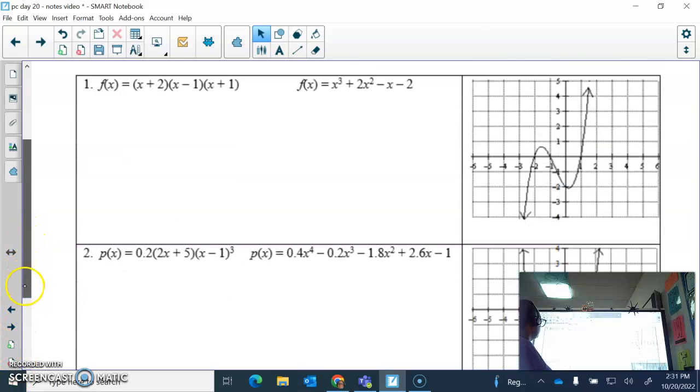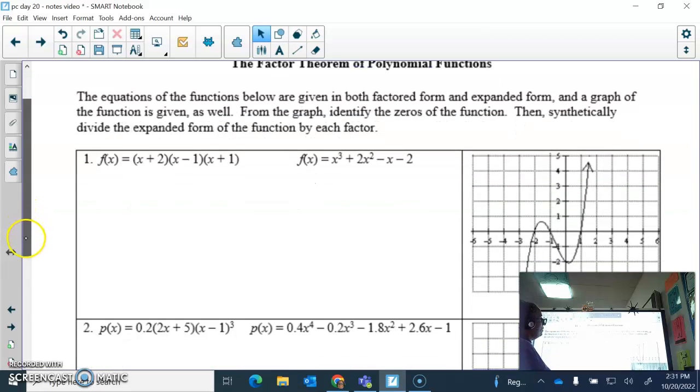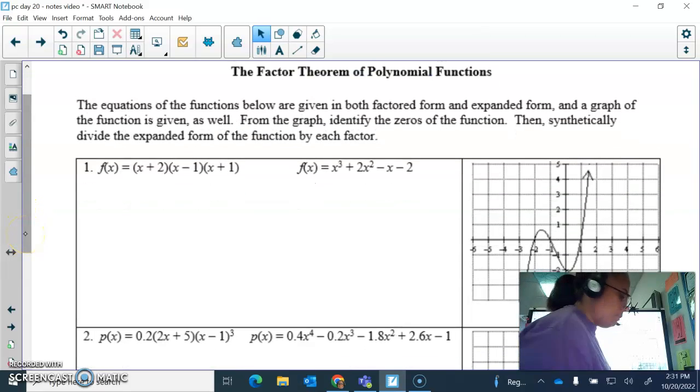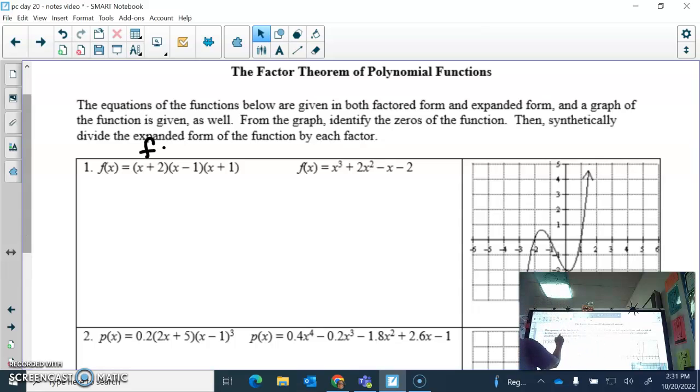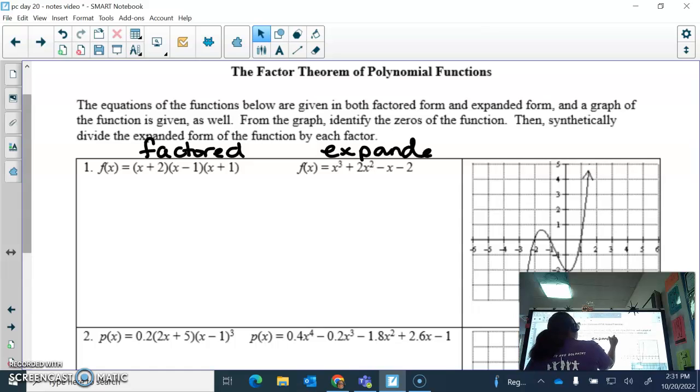And I'm not going to kill you with decimals, so we'll just look at this first example here. It says we have some functions. One is in factored form and one is in expanded form. And the graph is given.